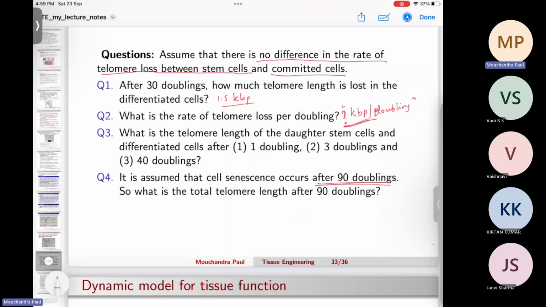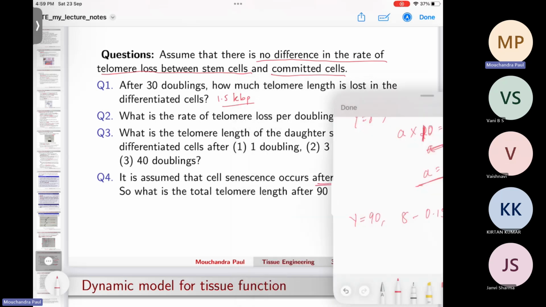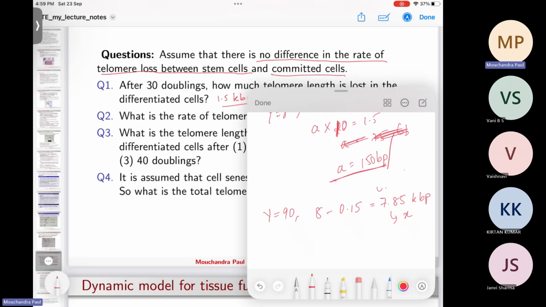So you have to determine what is the telomere length of the 90 doublings. So you have to determine the value of y. Okay, fine. The number of doublings, say it is going 10 only.